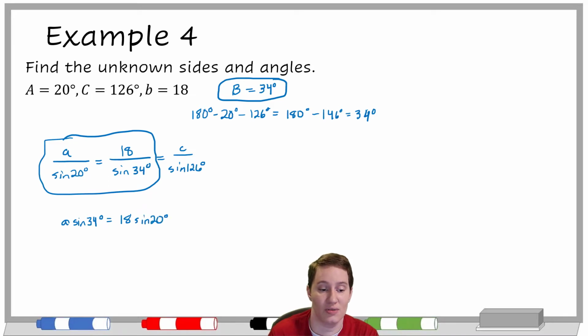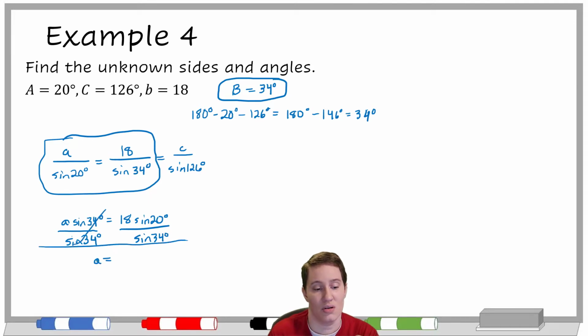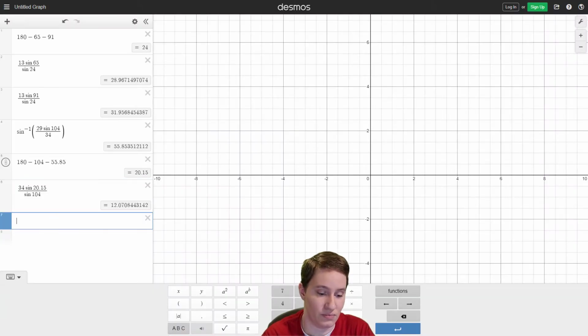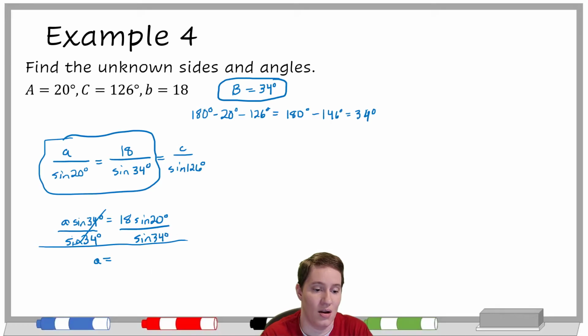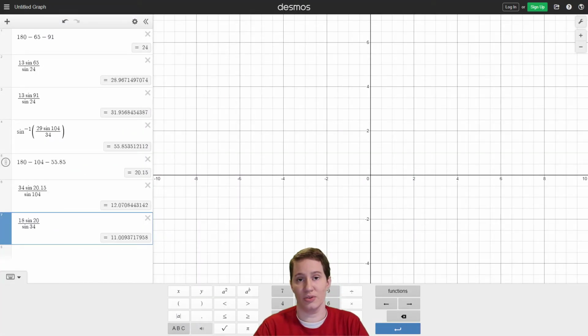This is a good place to pause if you were stuck earlier and want to see if you can type this into the calculator correctly. So 18 sine 20 divided by sine 34. The only difference between what I'm doing and what it should look like on your TI calculator, if that's what you're using, is that you actually can make it look exactly like this by using alpha y equals to create a fraction.